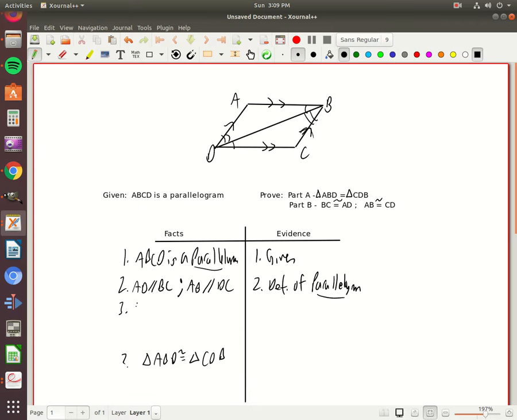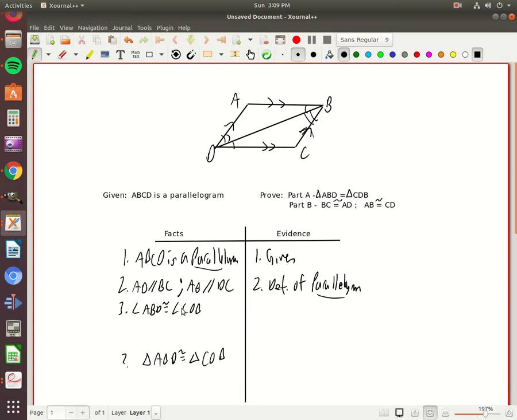So I'm going to say angle ABD is congruent to angle CDB.